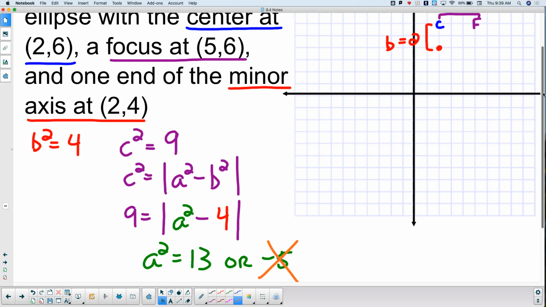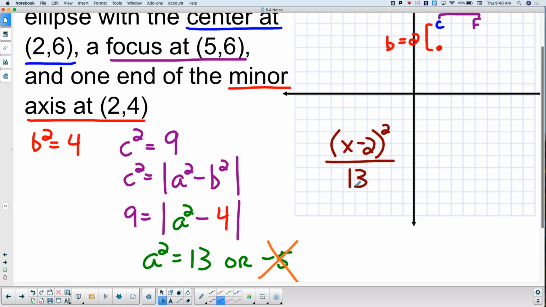X minus 2, quantity squared, over what? 13, because a squared is 13.